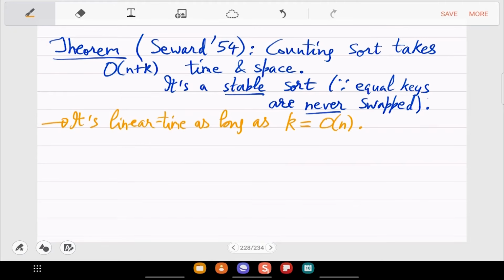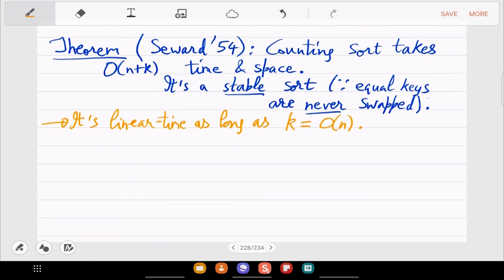Okay, so as long as your values are not too large, so suppose you have 10,000 students data, and the key that you are using is smaller than 10,000. Okay, so in that kind of a setting, you can use this. This is faster. This is much faster than the usual sorting, which is merge sort or quick sort.